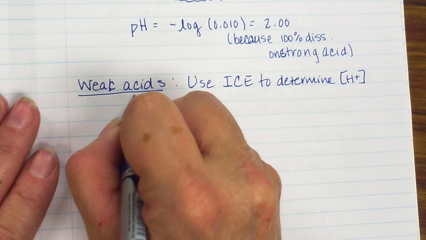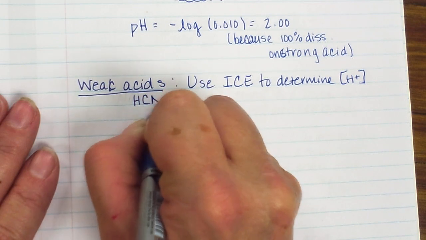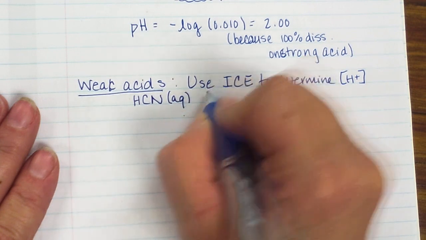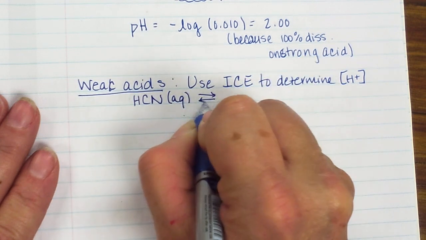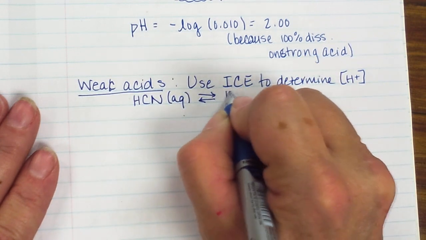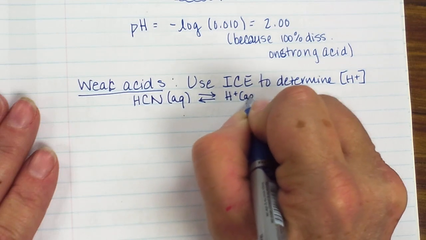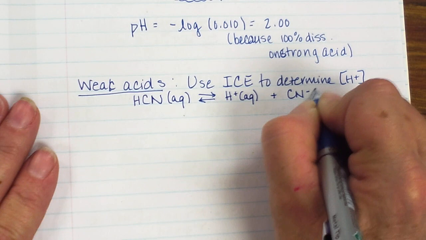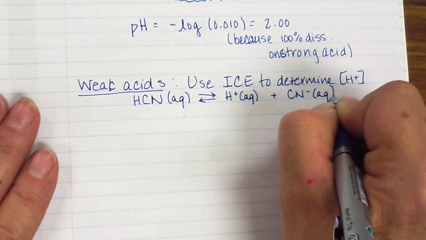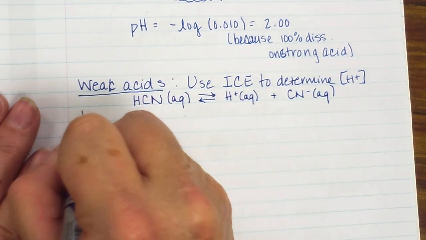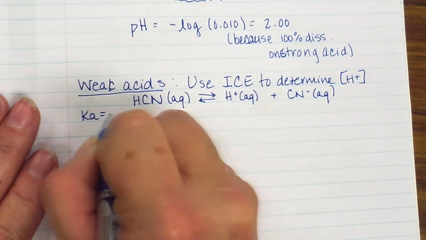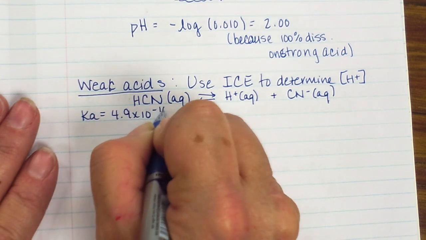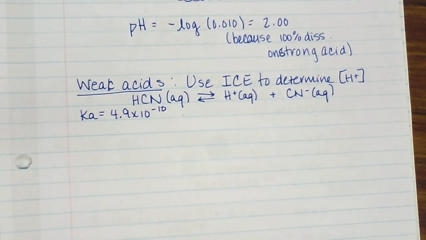So, for example, we're going to use HCN, which is a super common weak acid to use. You'll see it a lot. It has a Ka of 4.9 times 10 to the minus 10. Look how small that is, all right?